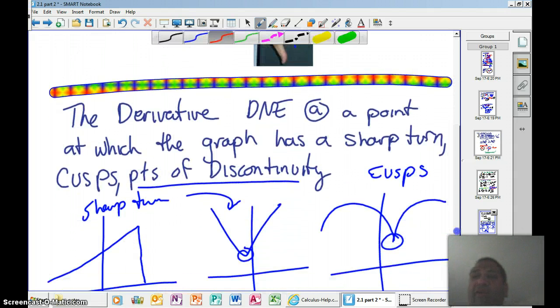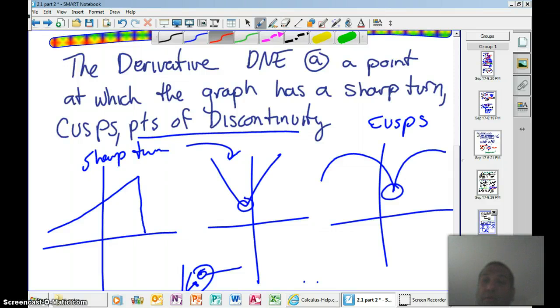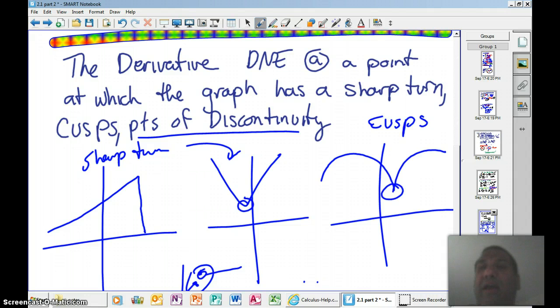Here are some things to also note when talking about continuity and whether the derivative is okay or not. The derivative doesn't exist at a point at which the graph has a sharp turn, a cusp, or points of discontinuity. Here's your absolute value graph. Here's a sharp turn. Here's a cusp.